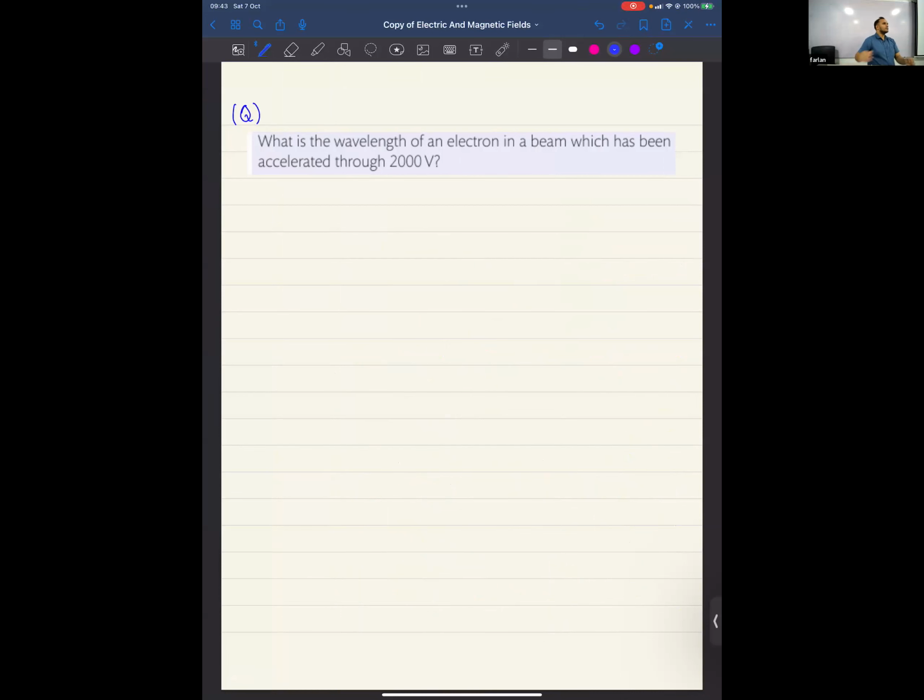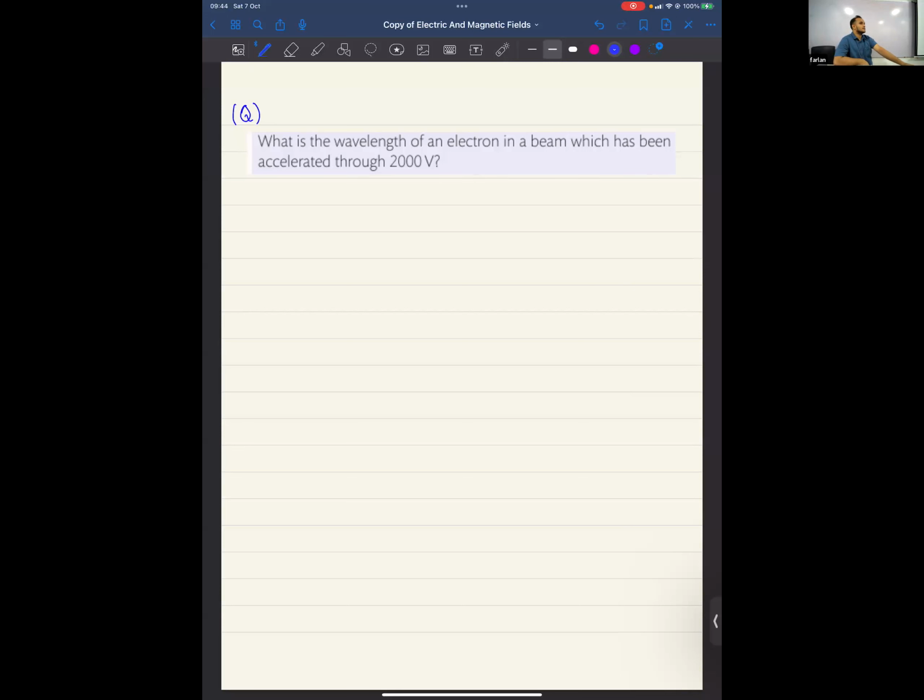Guys, can you remember from your AS levels, for the wave nature of particles, there was an equation connecting the wavelength and momentum? The de Broglie wavelength. Very good. What is that equation?